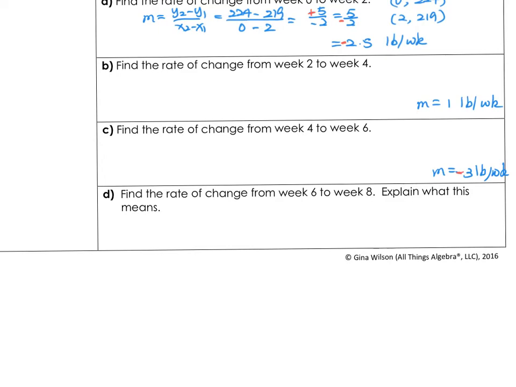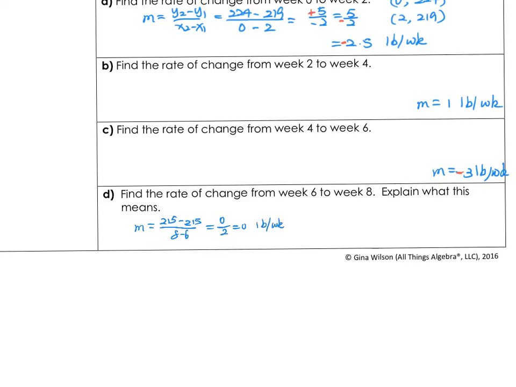And the last one is to find the rate of change from 6 and 8. And obviously, you don't need to think too much. If you just look at the number, his weight didn't change. So the rate of change, if you calculate it, is 215 minus 215 over 8 minus 6, which is 0 over 2, which gives you 0 pounds per week, meaning he didn't change.